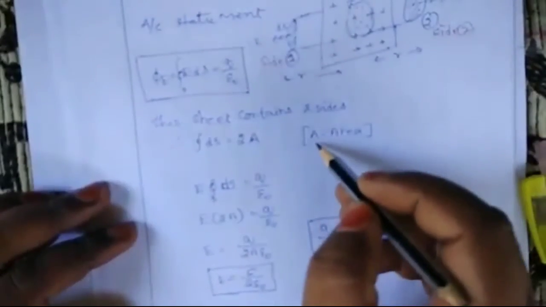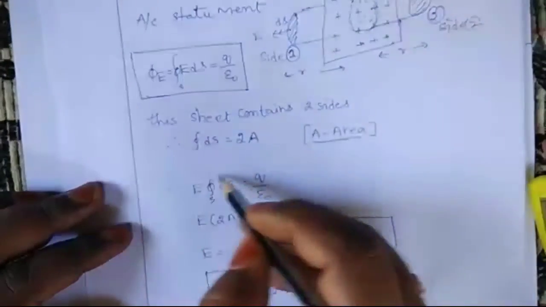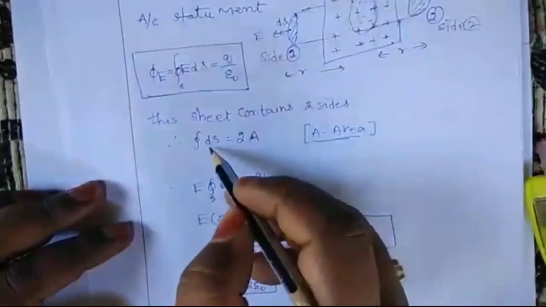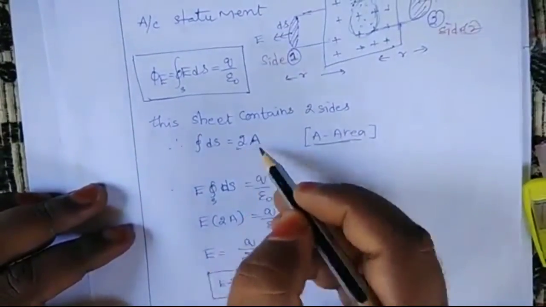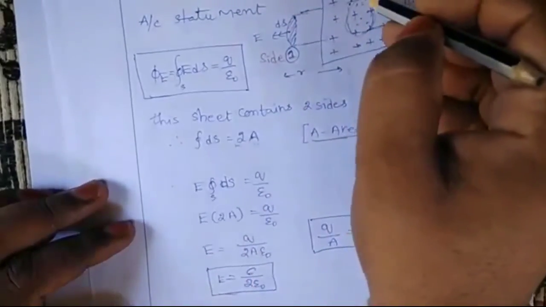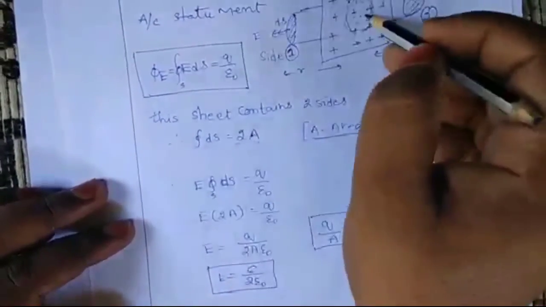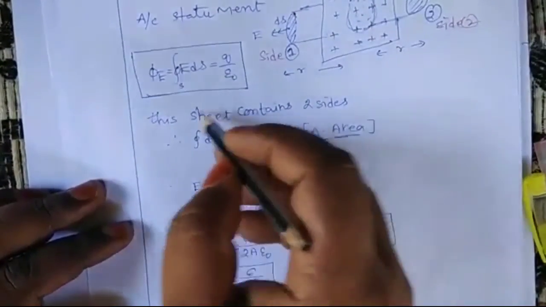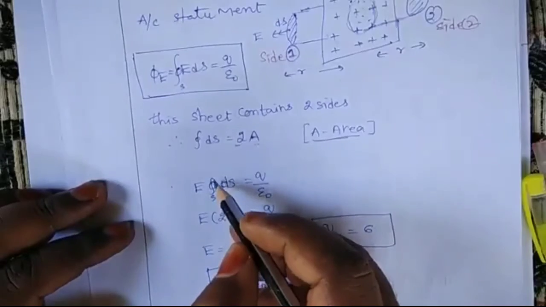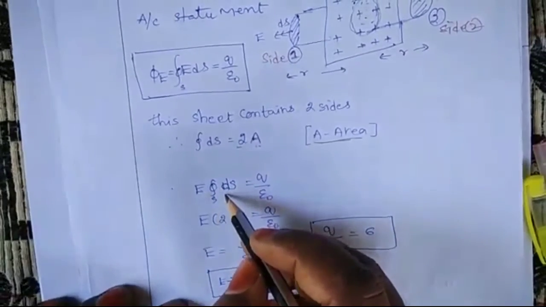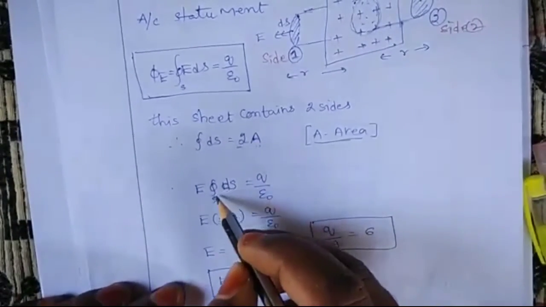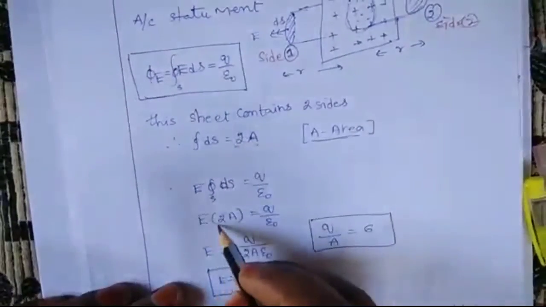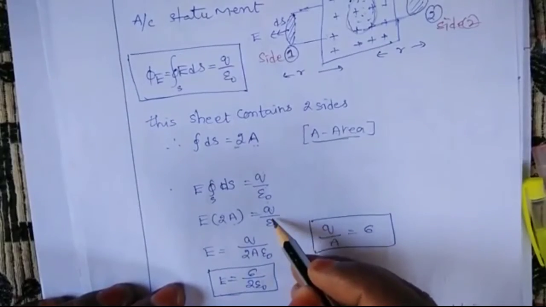Each side area we denote as A, so the surface area of this Gaussian surface, upside and downside, is 2A. According to Gauss theorem, E into the surface integral of ds is equal to Q by epsilon naught. Here the surface area is 2A, so E into 2A is equal to Q by epsilon naught.